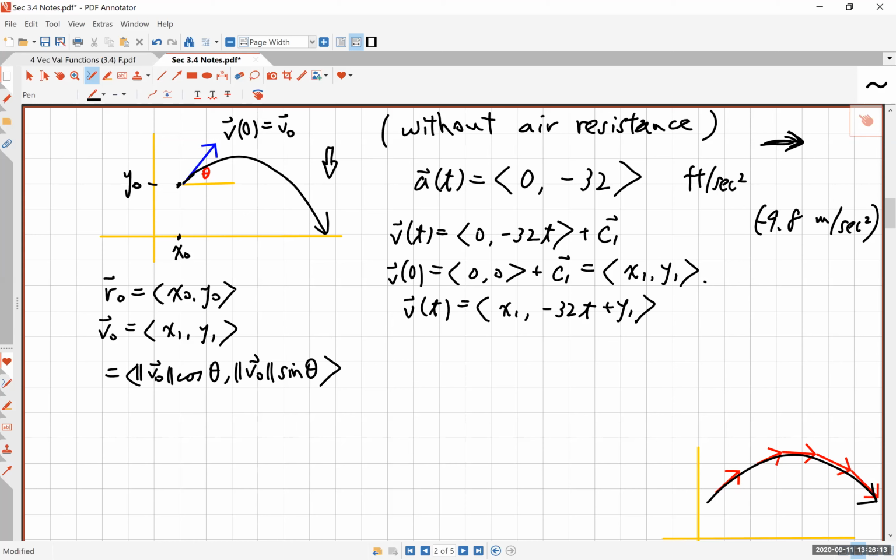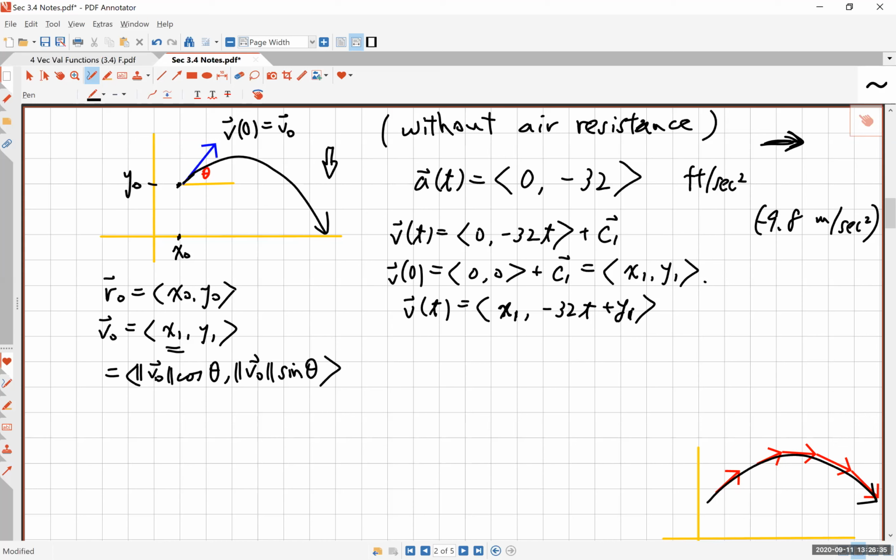And so what this is saying is the velocity at any point in the horizontal direction is simply x1. That is the initial component of that initial velocity. And then the second part is saying whatever the initial velocity in the vertical direction is, y1, the thing is being shot up, not down.